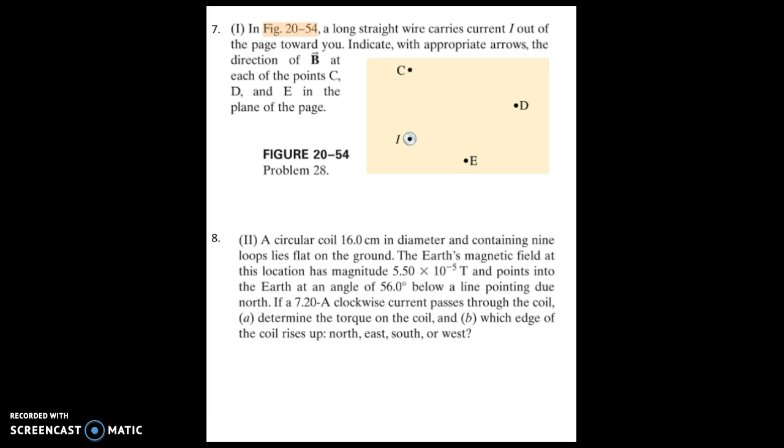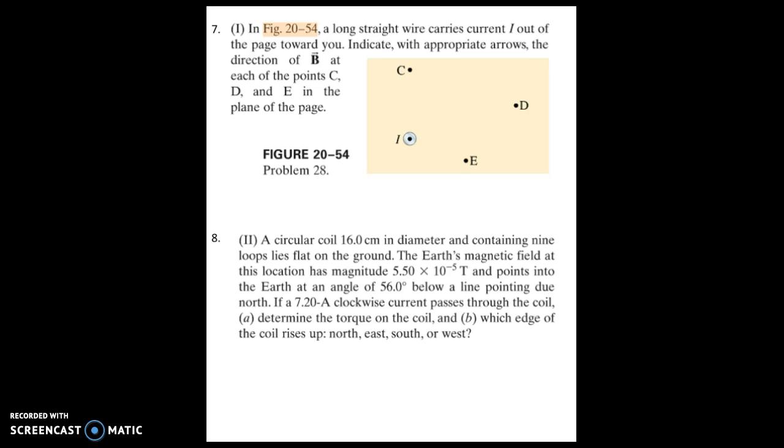Two circles, both parallel to each other. I have an X drawn in the circle to the left and a dot in the circle to the right. So the current is going into the page and coming out towards me, which means that the mu, which always wants to be perpendicular to that plane, in this case is going to be pointing downward.